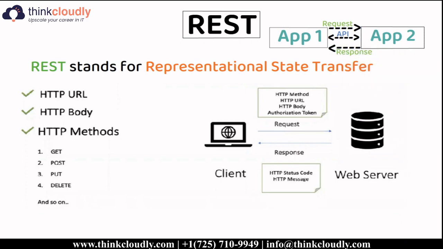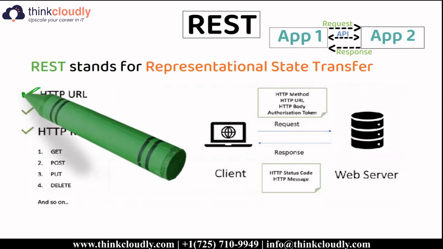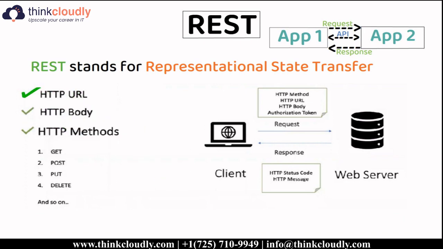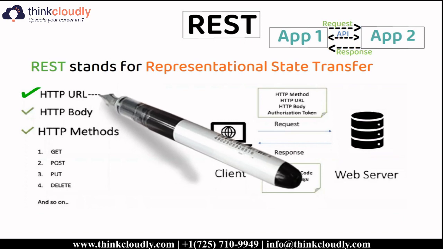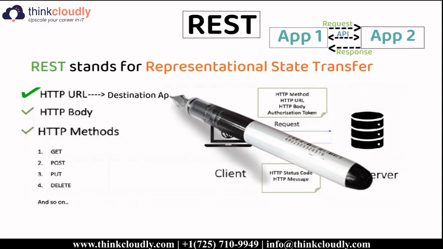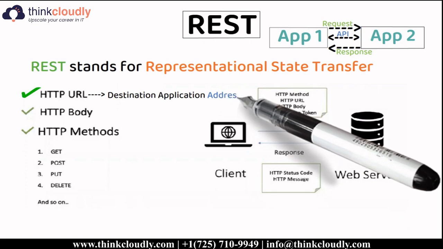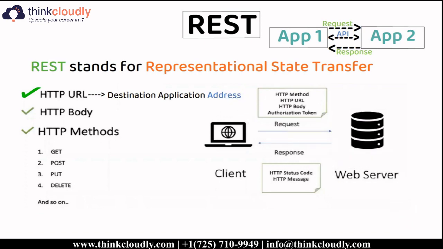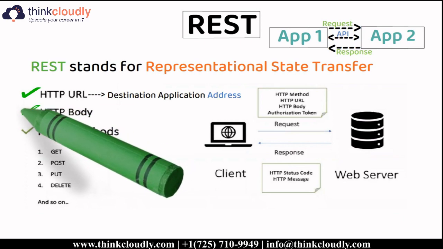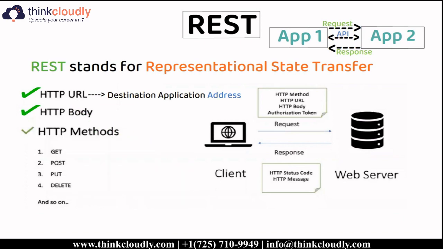Okay. So over here, first of all, you need the HTTP URL. Okay. URL is Uniform Resource Locator, which means this is the address of the destination application. So you need a destination application address. So this is the address of application 2. After that, you have to send some details in the request.